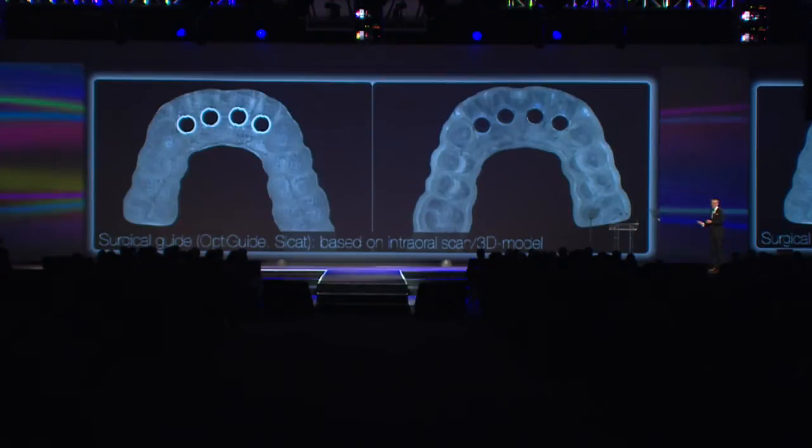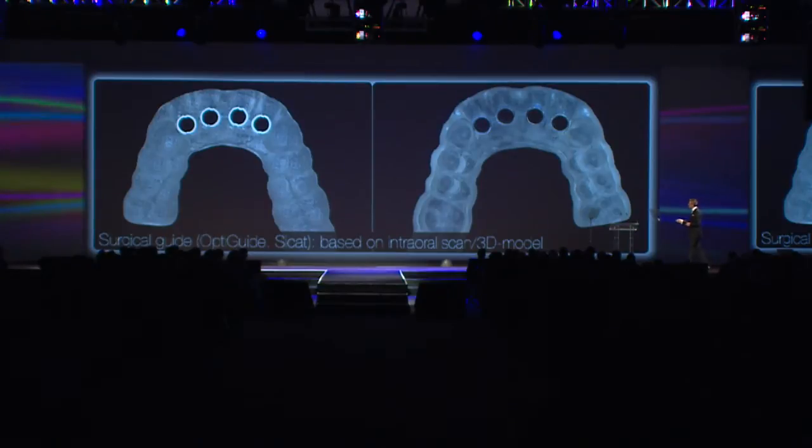For this case, I needed a surgical guide, and I went to the CEREC company and ordered a so-called OptiGuide. In order to be free, I just ordered for 4 implants, and then during the surgery, I had the possibility to select in which position I would like to place the implant.